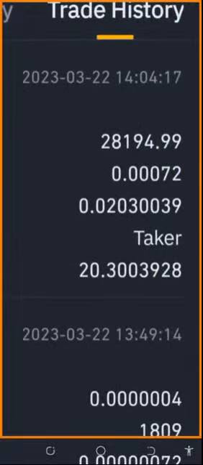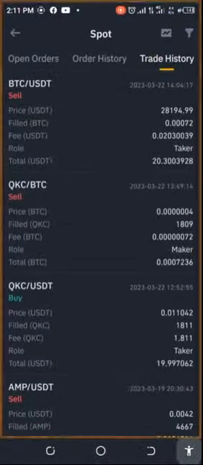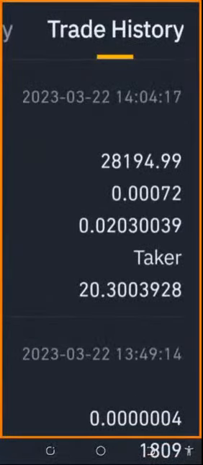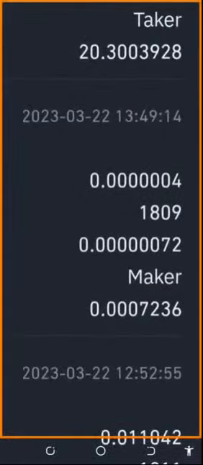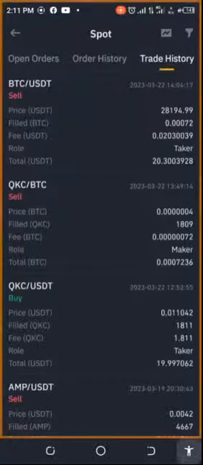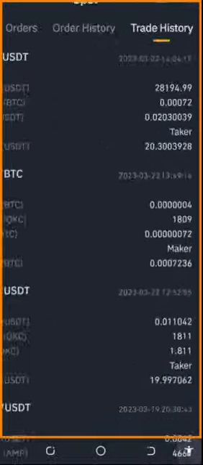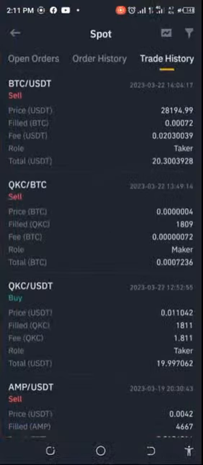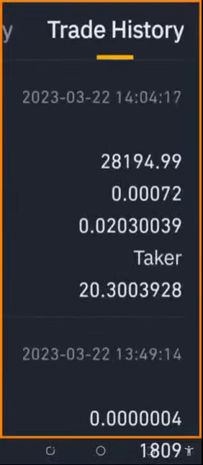Interesting. We got 20.30. But don't forget that they will take out fees. We paid fees for QKC BTC. Did we? Yes, we did pay a fee. That's the amount of fees, as you can see there, 0.000072. We paid a USDT fee here, about 2 cents.